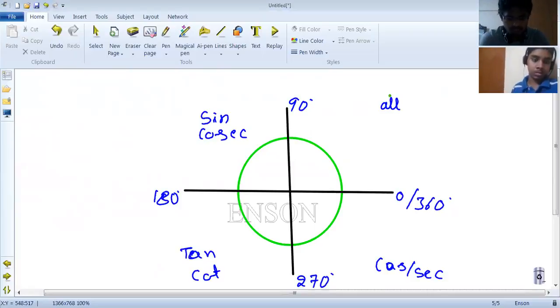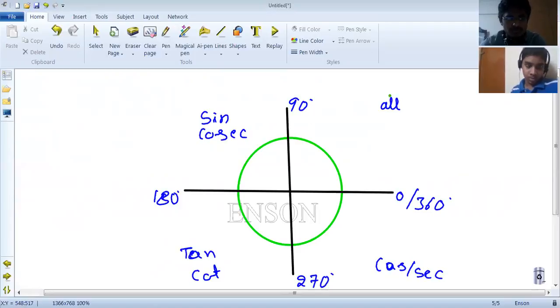I already told you actually this one. Trigonometry, unit circle. I'm just seeing the images, okay?